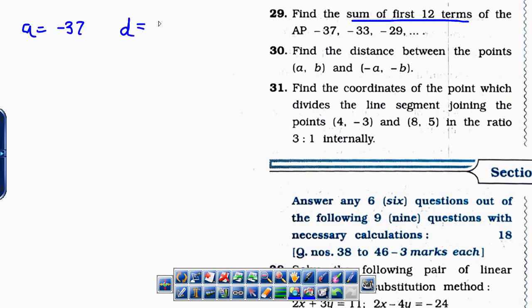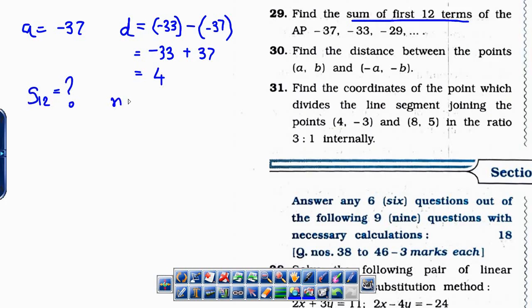D नेगेटिव नंबर्स है, बहुत केयरफुली D फाइंड करना है. Minus 33 minus of minus 37, minus 33 plus 37, that gives me D of 4. S12 is the question mark, sum of first 12 terms. Therefore, n is going to be 12.